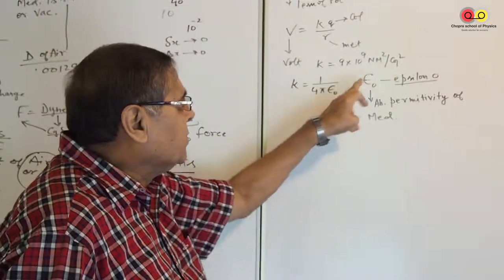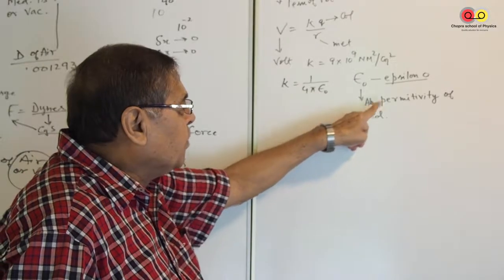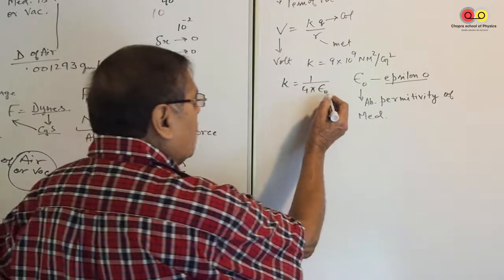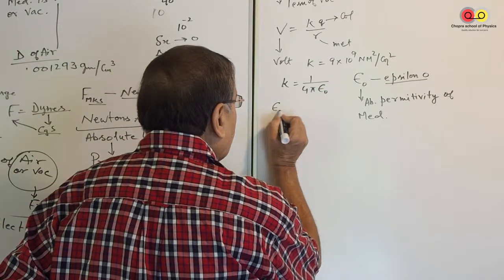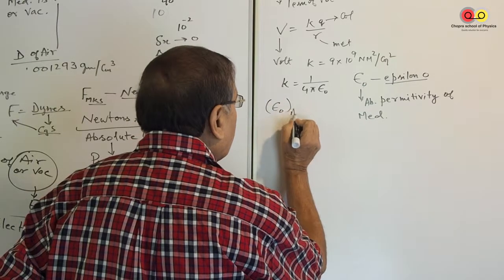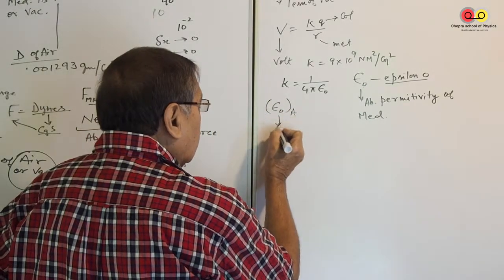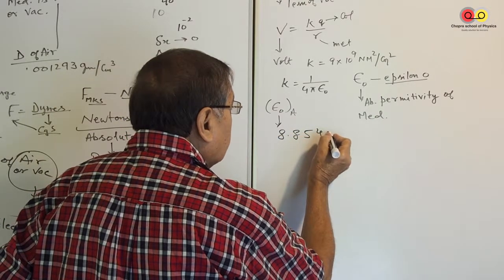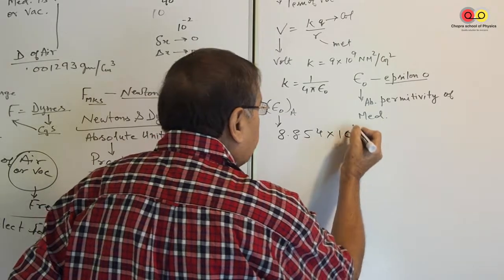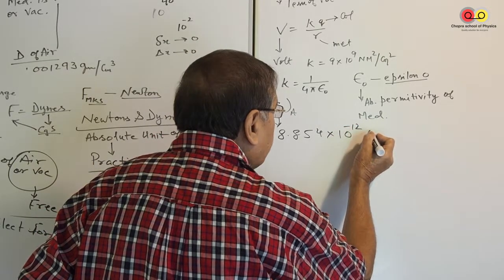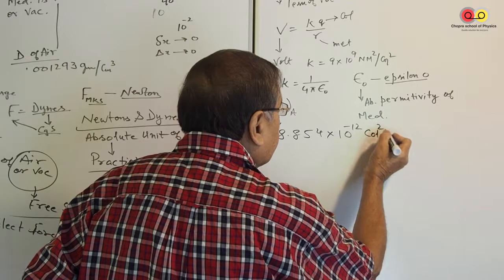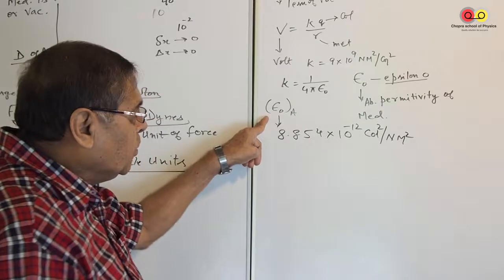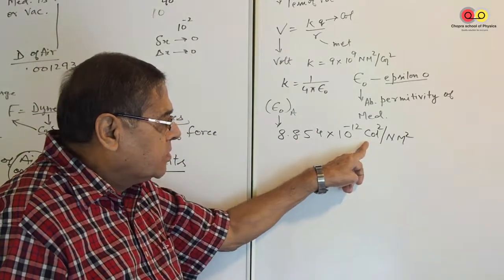Epsilon naught, this we have written, the meaning is absolute permittivity of medium. Now when we use epsilon naught for air or vacuum, it is taken as 8.854 into 10 to the power minus 12 Coulomb square per Newton meter square. So for absolute permittivity, what is the unit?